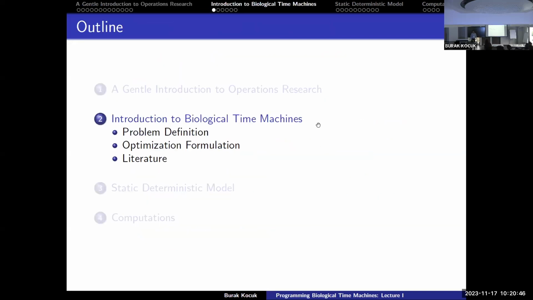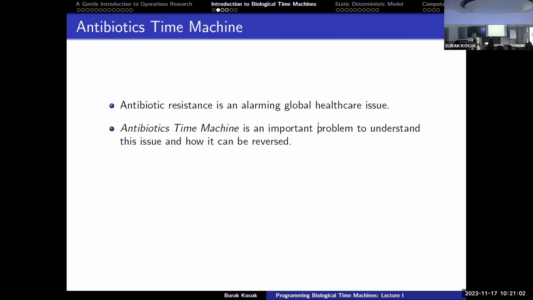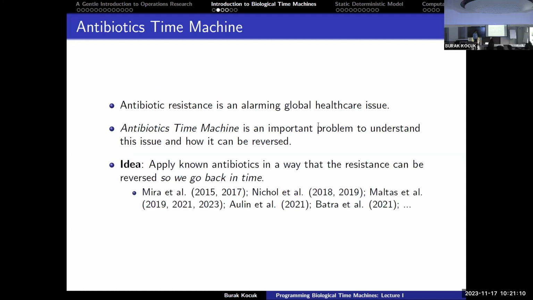Okay, so time machines. What's the relevance? I think these are slides which you should know better than me. Antibiotic resistance is an alarming global healthcare issue, and the so-called antibiotic time machine problem is a way to understand this issue and propose a way to reverse it. The idea is a little bit strange actually.